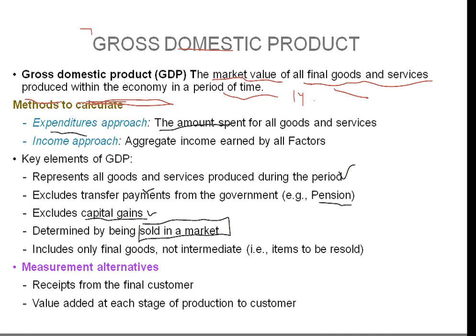There are two other methods which can be used for either the income approach or the expenditure approach. That is receipts from the final customers, what we are getting from our customers, or value added at each stage of production.